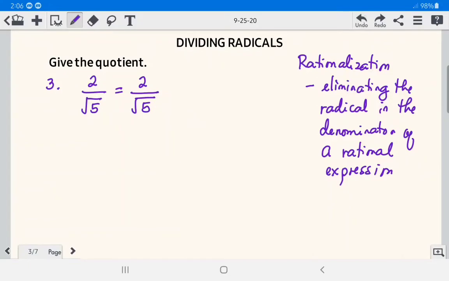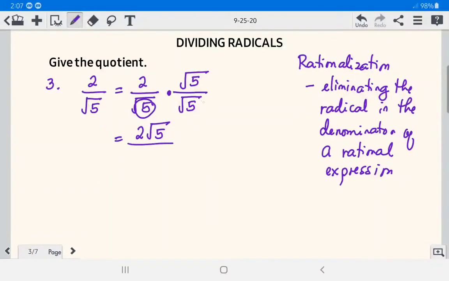You have to multiply both the numerator and the denominator by the square root of 5 over the square root of 5. Then 2 times 1, that is 2. Then you just copy the square root of 5.